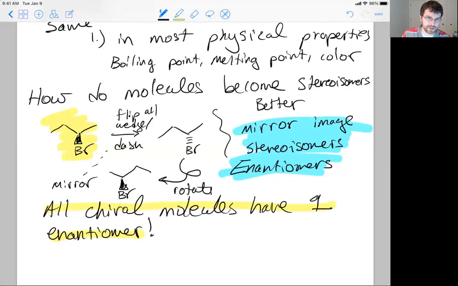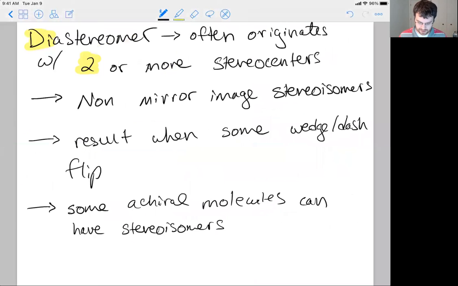With enantiomers, you can flip all the wedges and dashes and then rotate it to show that we have mirror images. We'll get to that in an upcoming lecture. So some achiral molecules can have, and I should specify, diastereomers. I'm sorry about that. I'm getting too excited because it's getting sort of philosophical, which gives it a different kind of dimension of fun, right?